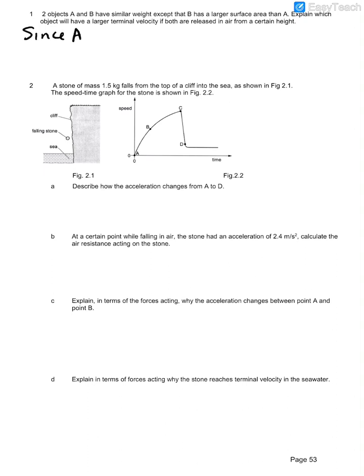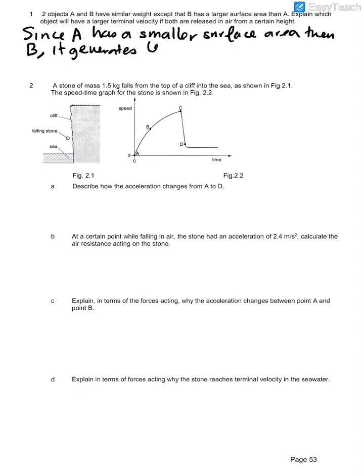Since A has a smaller surface area than B, then what's the next point? It will generate less air resistance. And what does that mean?